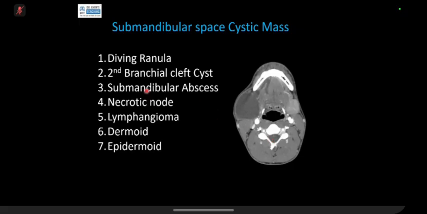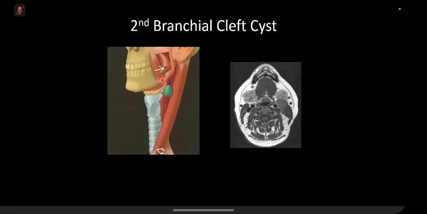Now, second branchial cleft cyst, and this is what you told me in your differential diagnosis. So, second branchial cleft cyst, classical location. This is the submandibular gland, this is the sternocleidomastoid muscle, and the second branchial cleft cyst will be sitting in between the two structures.